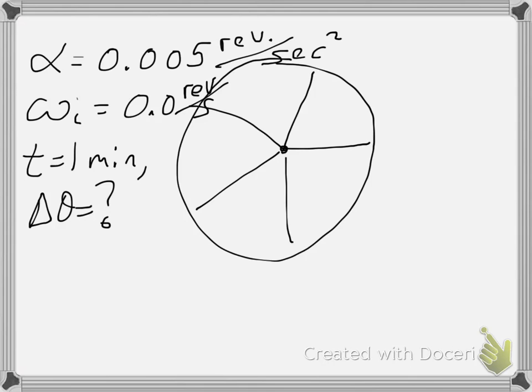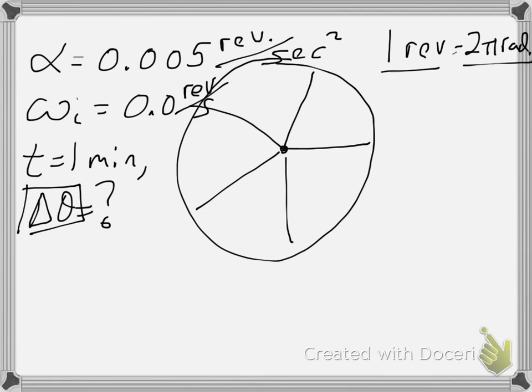Because both of our angular units are in revolutions here, our final angular measure is also going to be in revolutions, so we don't need to do any converting. But just for your sake, 1 rev is equal to 2 pi radians. If you ever needed to convert between the two, that's the conversion factor.